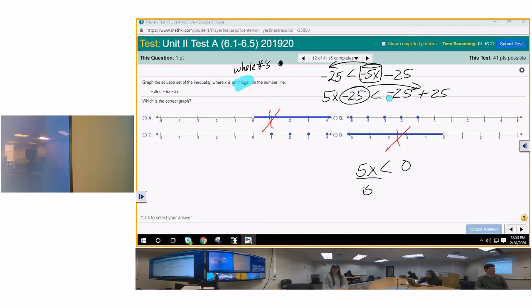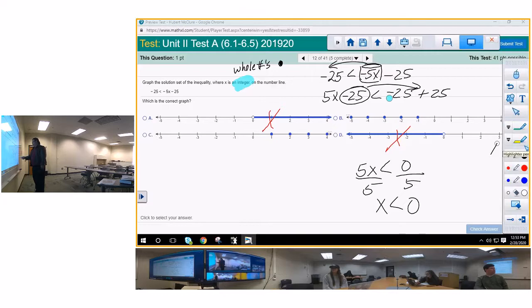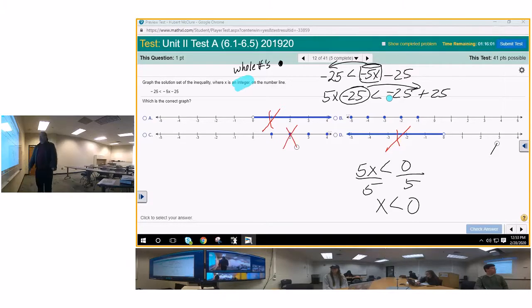Divide by 5. Divide by 5. X is less than 0. So what numbers are less than 0? To the left or to the right? To the left. So Charlie does not fit, so that means Bravo is your answer.